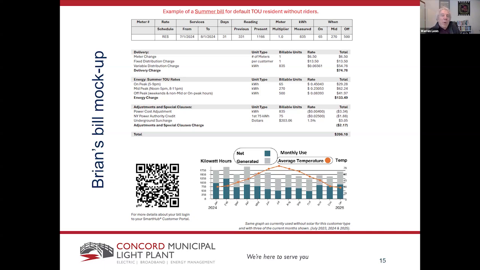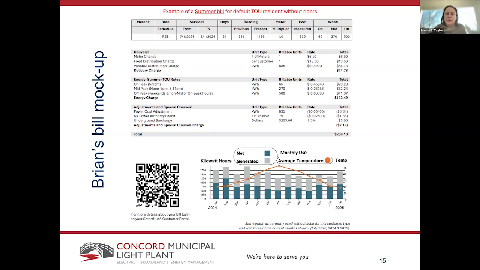So Bianca, are you comfortable with the approach, one line for fixed charge, one line for variable? I don't like the term variable distribution charge, but one line for per kilowatt hour charge, and then we have people's use by on-peak, mid-peak, and off-peak.